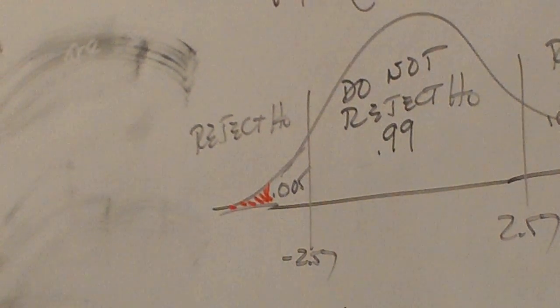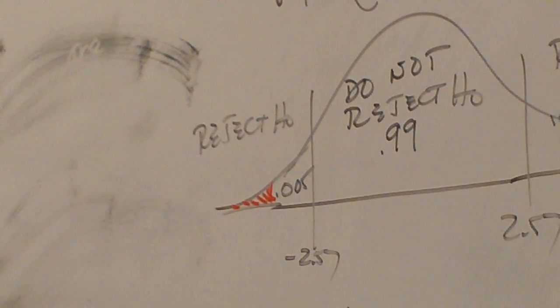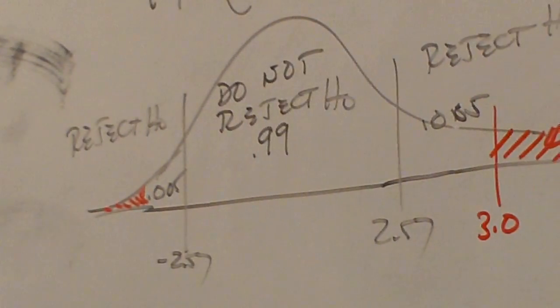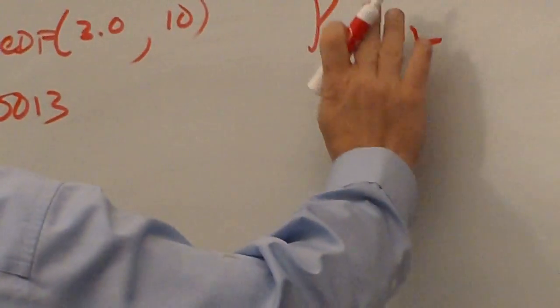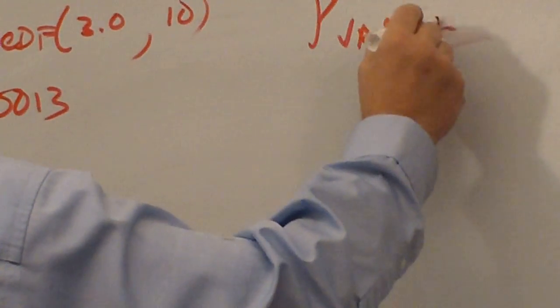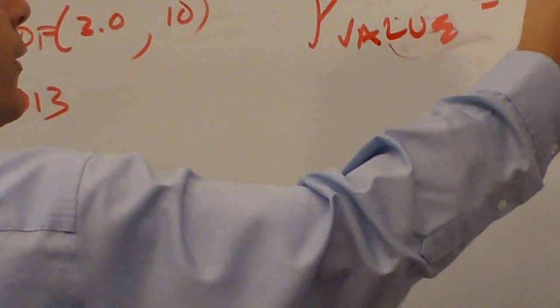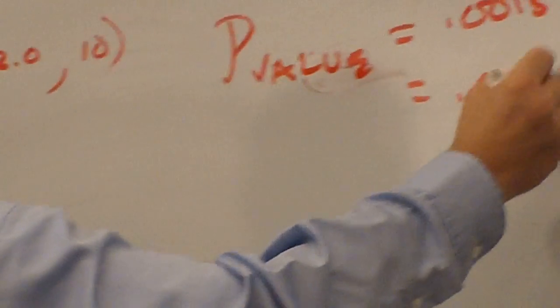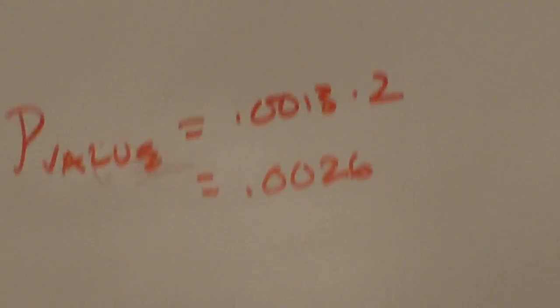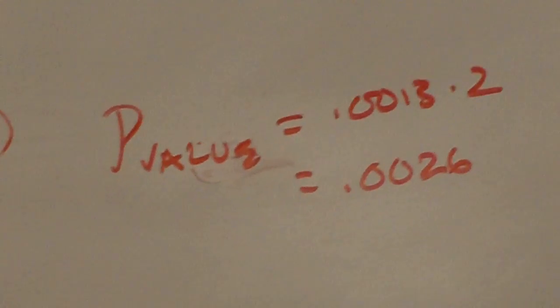It's a two-tailed test, so we also have an area down here. So I have to double it. The p-value is 0.0013 times 2, that's 0.0026. Okay, so that is the p-value.